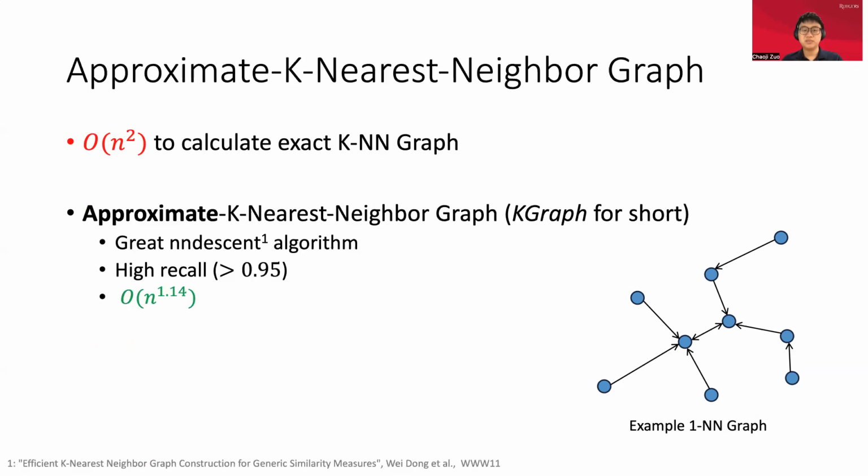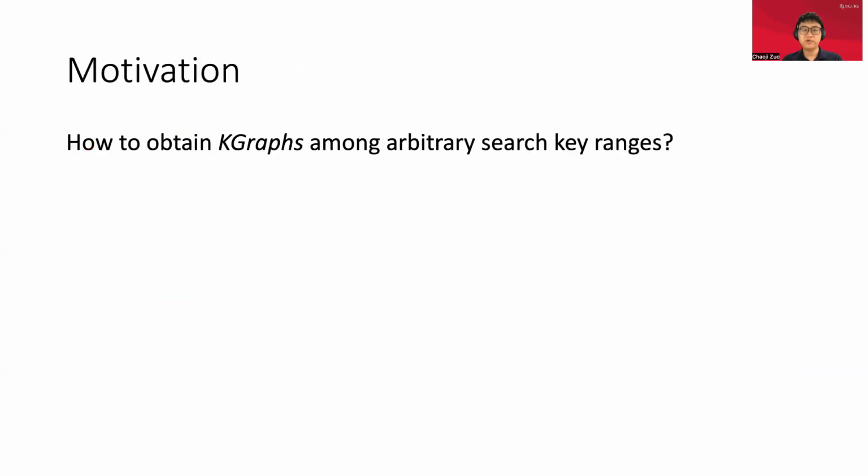So the researchers proposed the approximate K-nearest neighbor graph, K-graph for short, in 2011, which will calculate the approximate K-nearest neighbors. And with this great NN-Descent algorithm, we can achieve a high recall in a short time. And in our work, we focus on the problem to obtain K-graphs among arbitrary search key ranges.